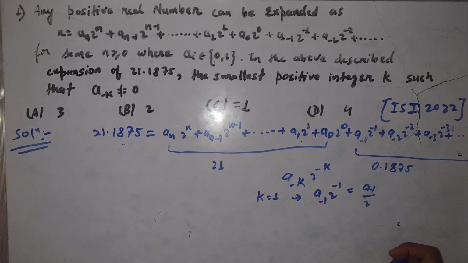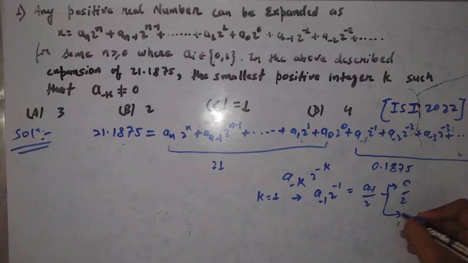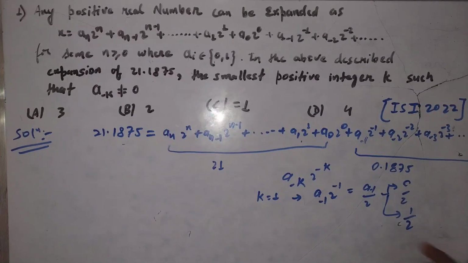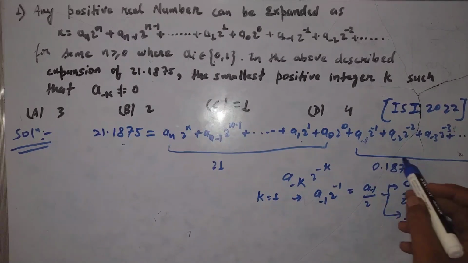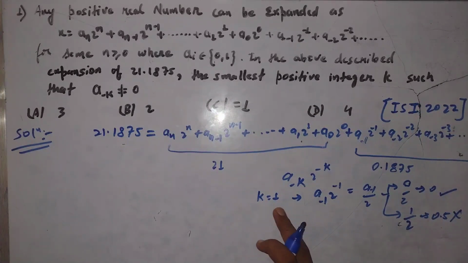What are the options for a_(-1)? It can be either 0 upon 2 or 1 upon 2, because there are only two possibilities for a_i, either 0 or 1. If this is the case, this will give us 0, and if this is the case, this will give us 0.5. But our fractional part should never exceed 0.1875, and 0.5 exceeds that, which means it should not be the case. So for k equals 1, a_(-1) is 0.